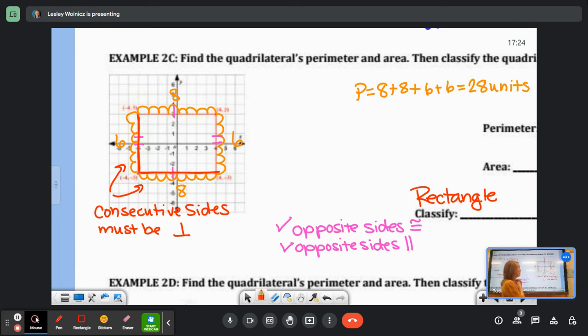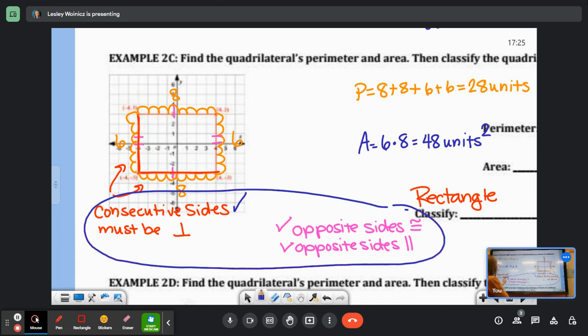It's a more specific name. Okay, so now that he's a rectangle, we can just say, okay, length times width, base times height. Area equals 6 times 8. That is 48 units squared. So all of this is true for a rectangle.